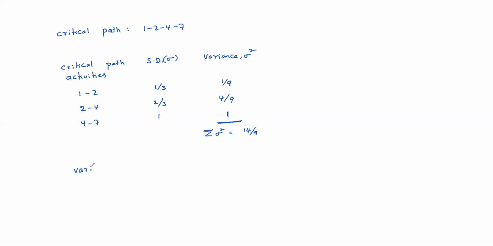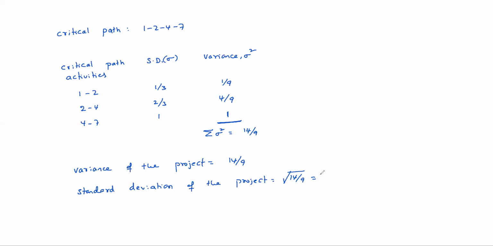So the variance of the project equals 14 by 9. What is the standard deviation of the project? It equals the square root of 14 by 9, which is 1.25.